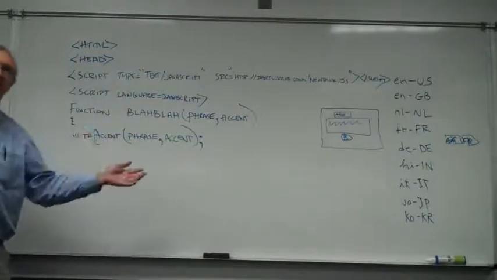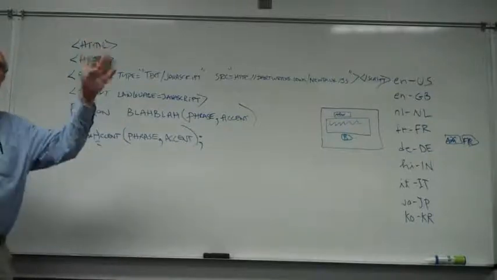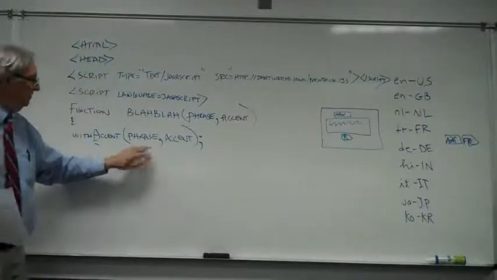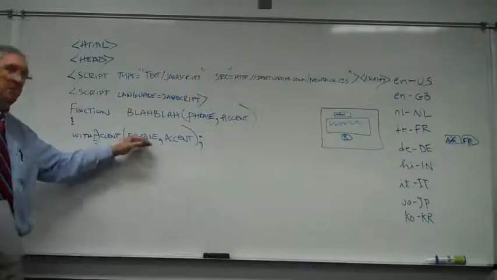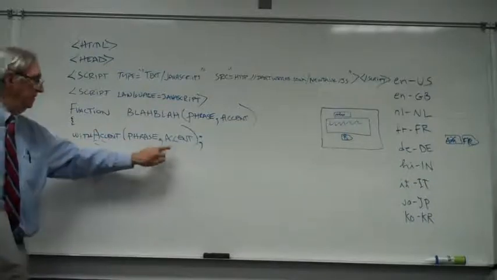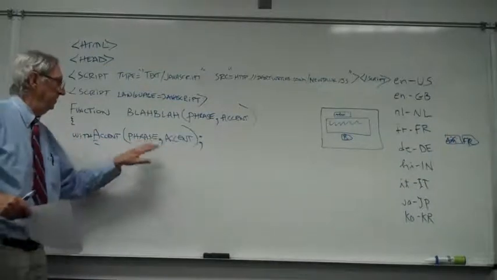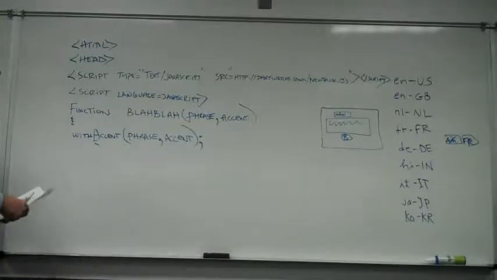I wrote the phrase right out. It's called a literal. I literally said, send these words in the quote marks up there. In this case, the phrase is going to be in a variable. It's going to come up in a variable here, so I just put the phrase. It contains words, and this contains the accent, okay? So you don't have to put quotes around them. They're already put into a variable. Okay, there, that finishes it. That's all there is to it. That program is done.